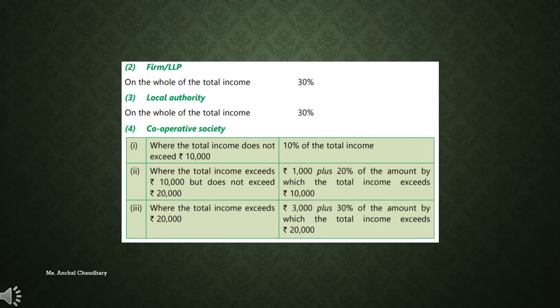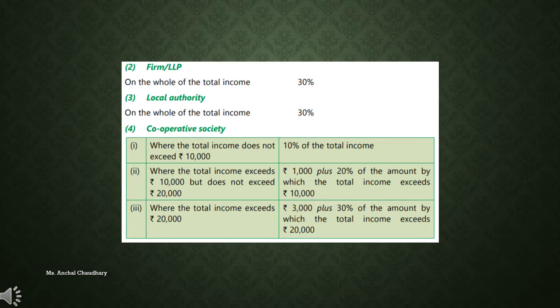When you have earnings from a cooperative society, and you have to calculate the taxable income of the cooperative society, then where the total income does not exceed 10,000, the tax rate will be 10% of the total income.